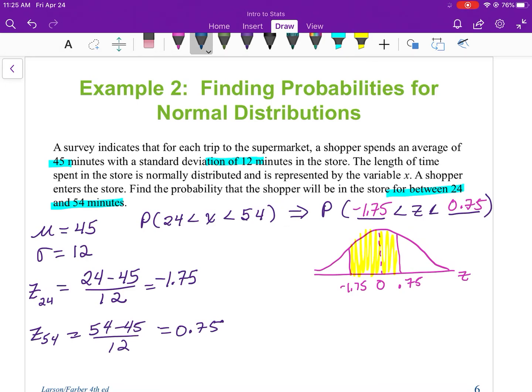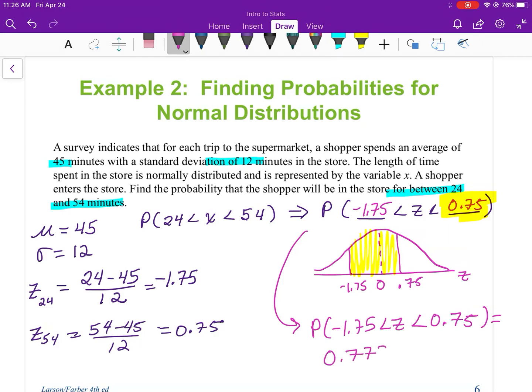In lesson 5.1, you subtracted the larger area from the smaller area. So you would have looked up this one first. Oops, I meant to use a highlighter there. You looked up this one first in your table. And so this probability would be 0.7734.